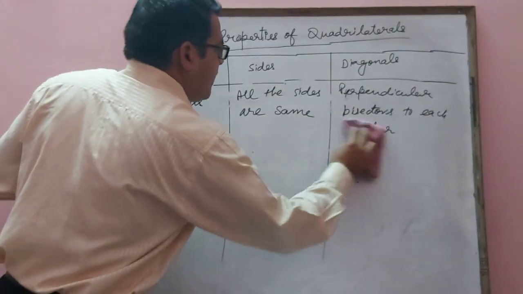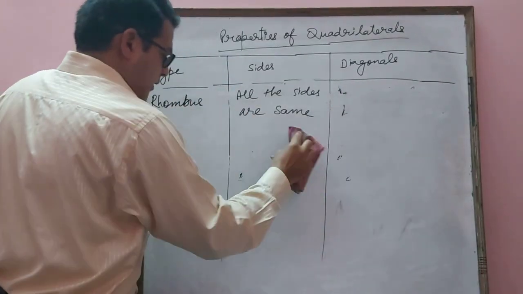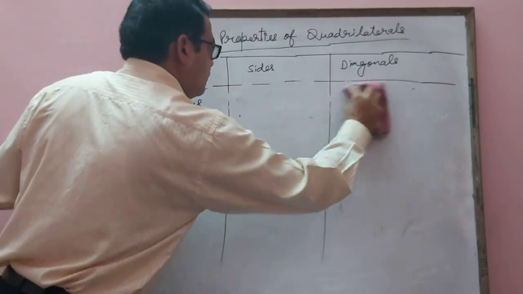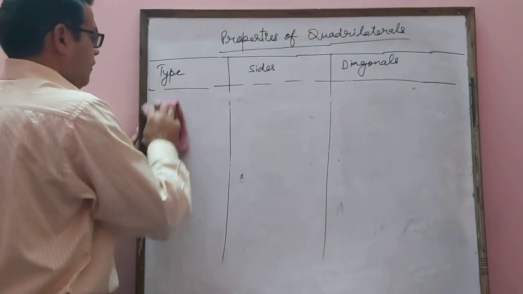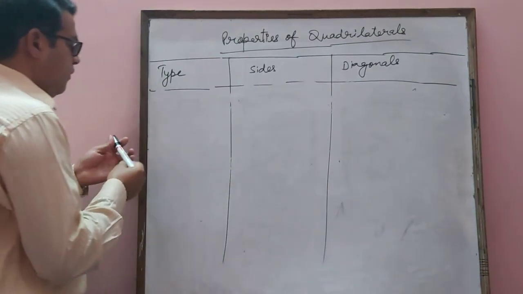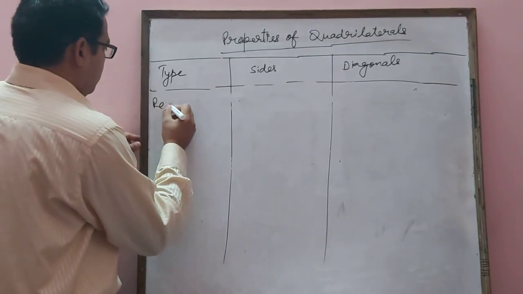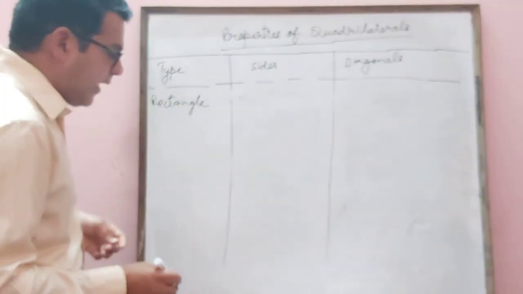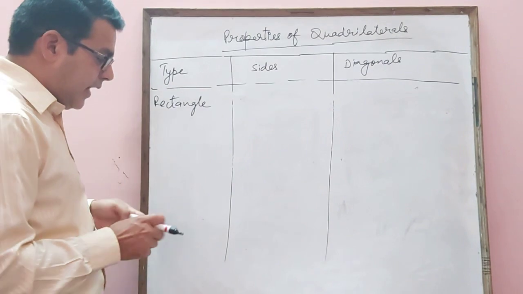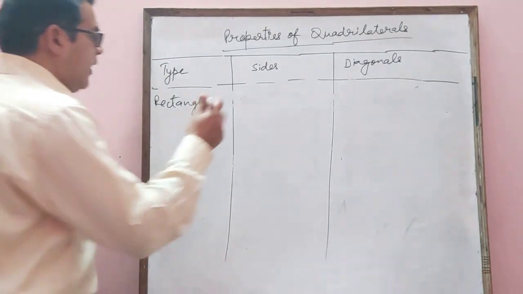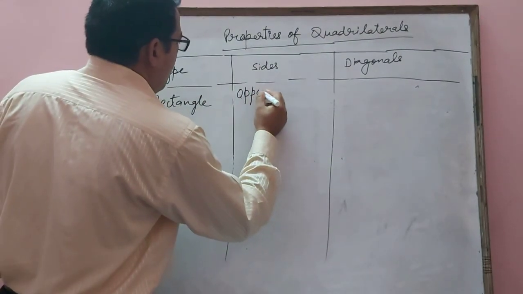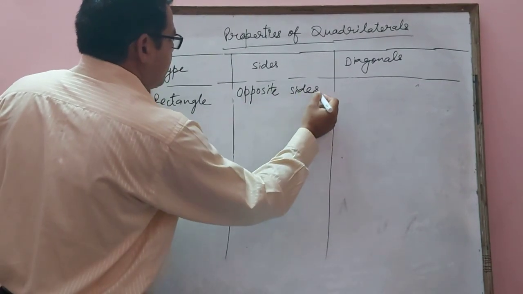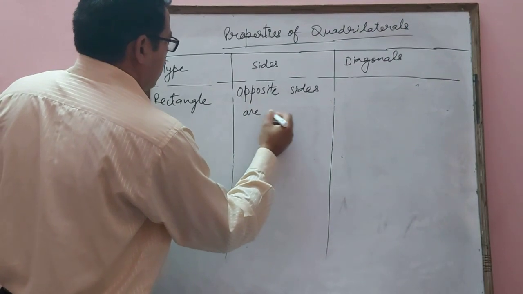The third type I am taking here is the rectangle. So what are the properties of a rectangle? In rectangles, we know that opposite sides are the same, right? You all know very well about rectangles. Opposite sides are the same.